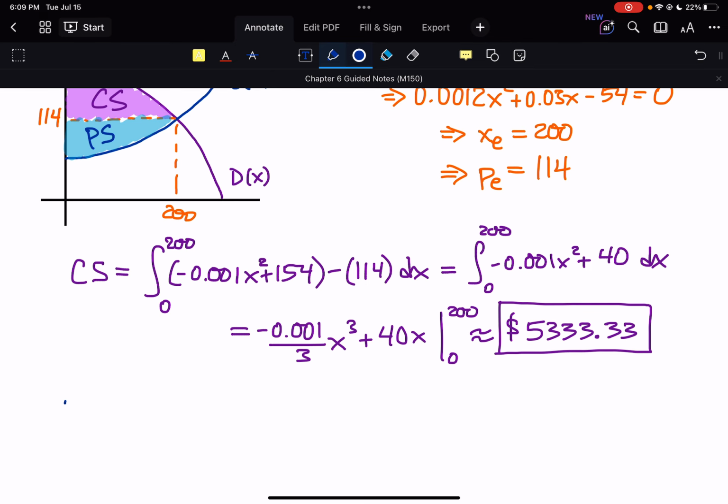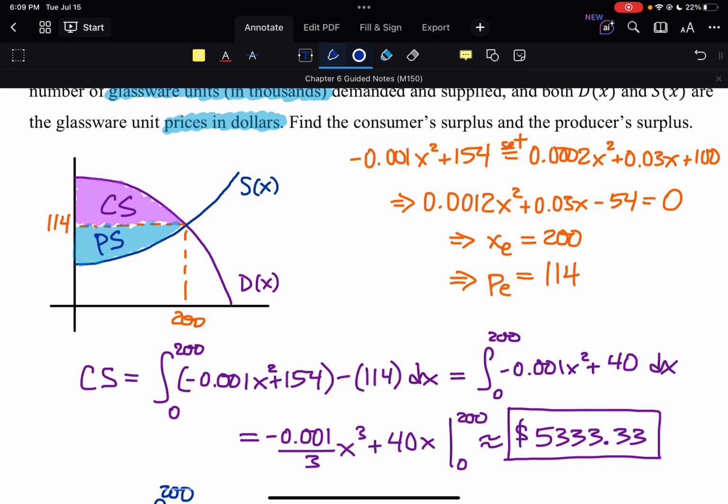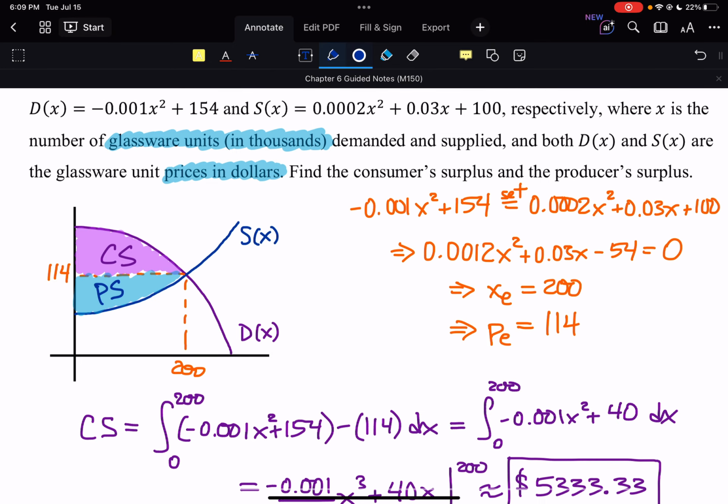So the producer surplus, that's the integral 0 to 200 of the line minus the supply formula.